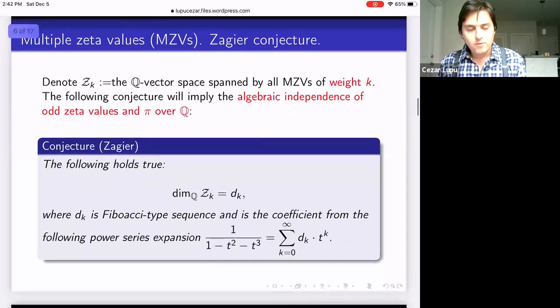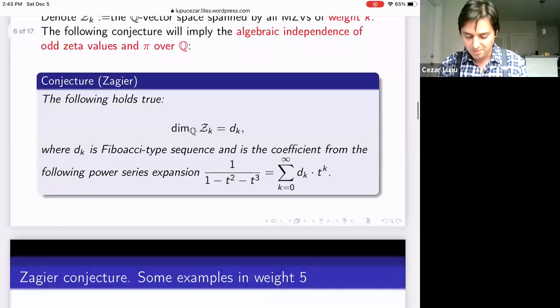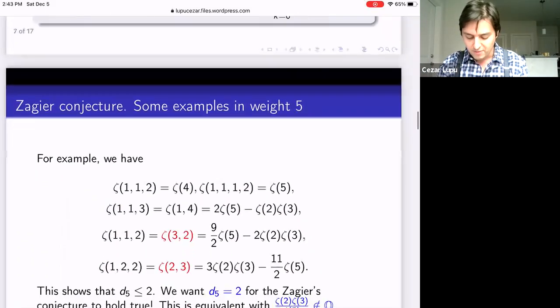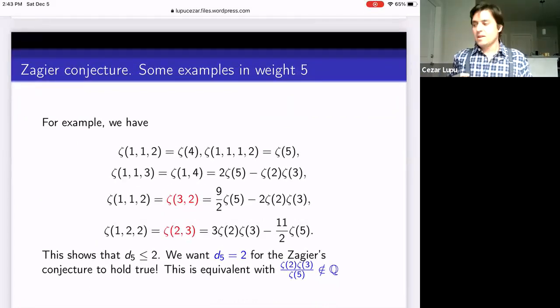All right, now let me give you an example of how this conjecture works. Let's go back to weight 5, because this is where we have a problem. In weight 5, all these multiple zeta values can be expressed in terms of zeta of 3, 2 and 2, 3. Also, zeta of 3, 2 and 2, 3 can be written in terms of zeta of 5.